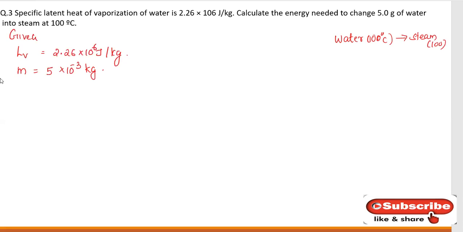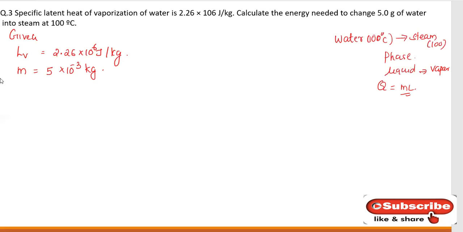There is no change in temperature, only the phase will change, that is liquid to vapor. The constant temperature at which the liquid is converted to vapor is called latent heat of vaporization. So here we have to use the formula Q is equal to mL, with no temperature change.